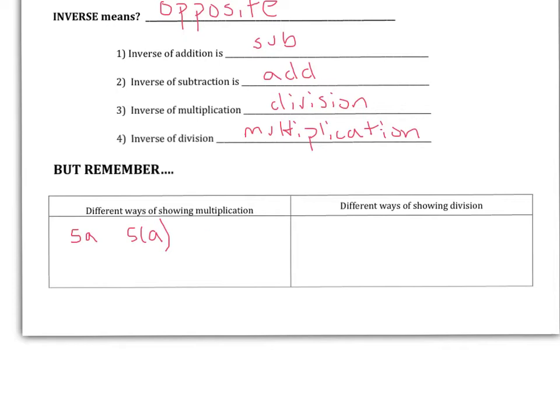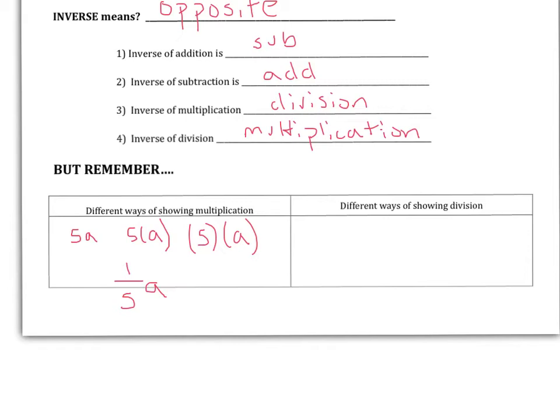Or you could have something like 5 in parentheses times a in parentheses. That also means multiplication. Something a little bit similar is you might see something like 1/5 a. Now we just learned that we could rearrange this fraction, but right now as it's written, the 1/5 is touching a. And in between 1/5 and a, there's multiplication.